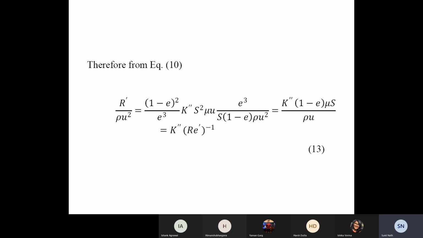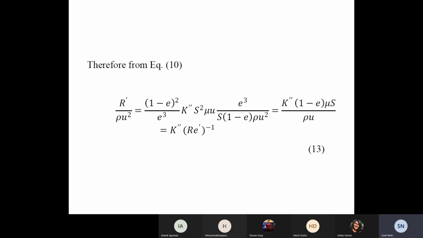So this is an important equation. It says that the drag force per unit, when the U is taken as through the bed, again I have missed out the subscript 1 in the U on the left-hand side. So you understand that the rho U1 squared is what is meant in this equation 13.